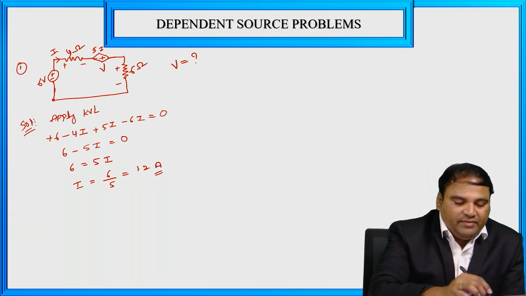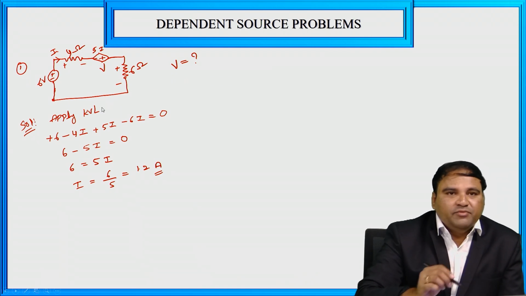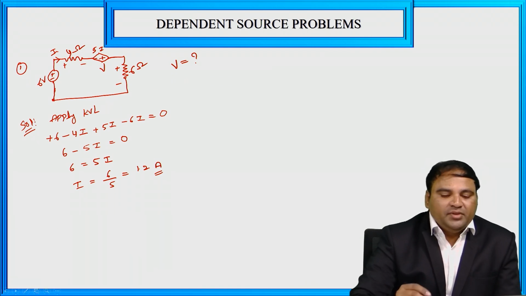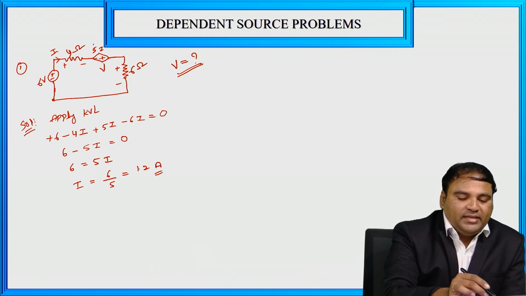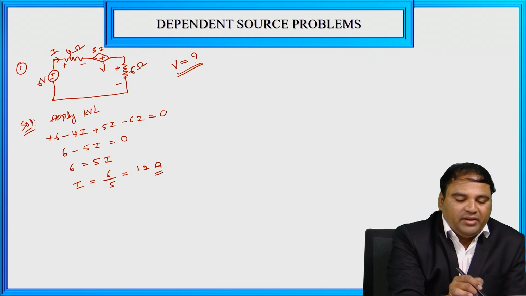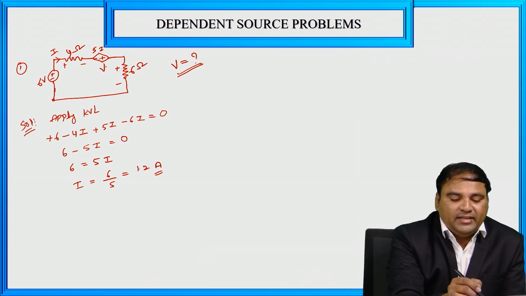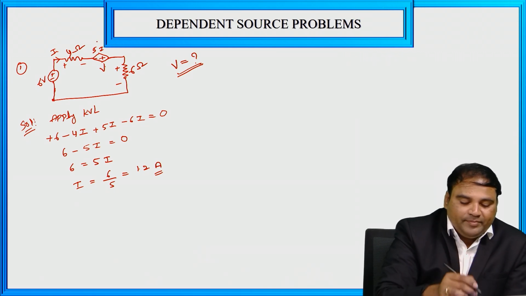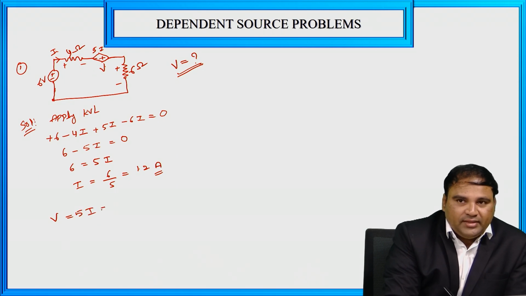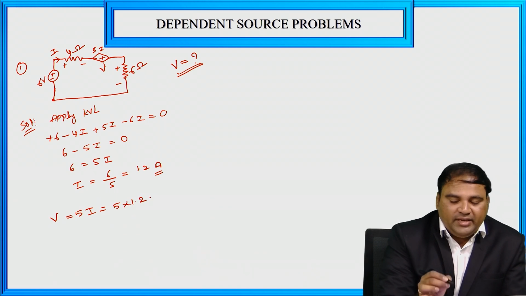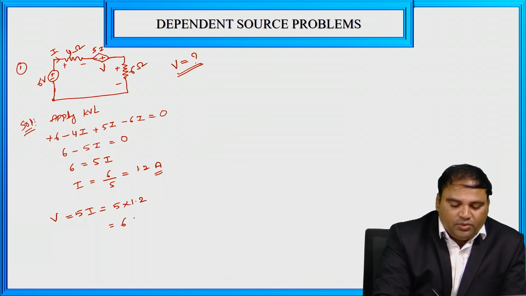So in the given circuit the current is 1.2 amperes, but we have to calculate the voltage at this dependent source. Already they have given V equal to 5I. So V equals 5 into 1.2, that is equal to 6 volts.